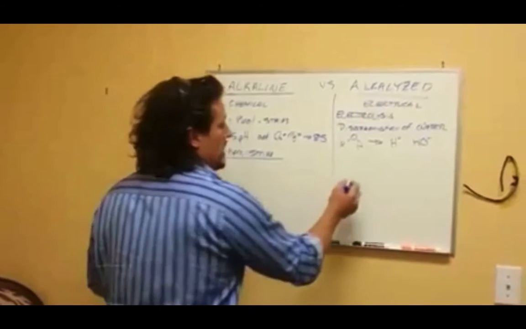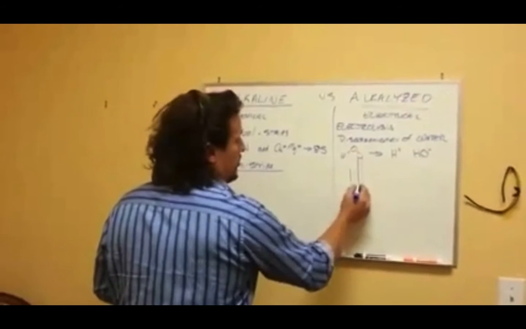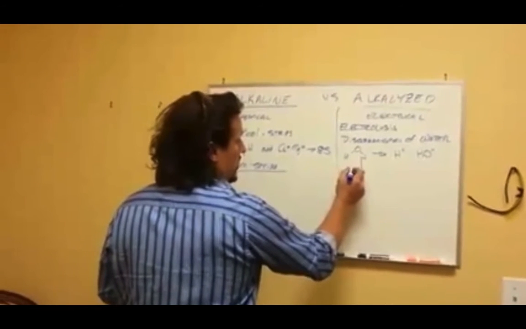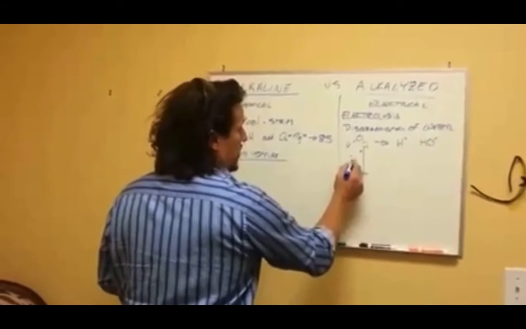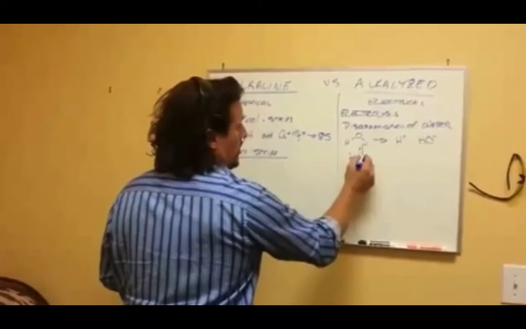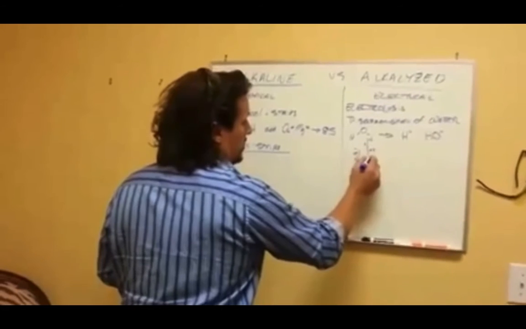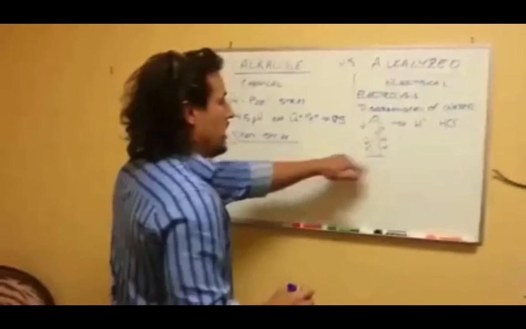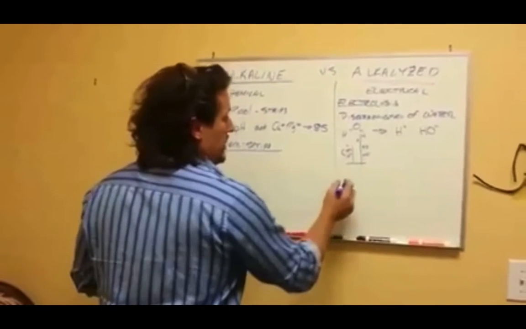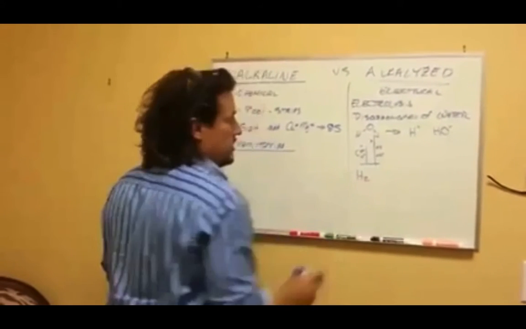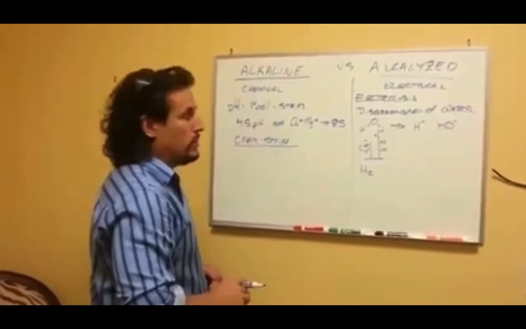But when this process happens, basically there's an array which has a negative side and a positive side. This will attract the hydrogen ions. The hydroxyls will come over here. Well, when this happens, because they're so unstable, what they will do is they will instantly convert to H2, which is hydrogen dissolved in water.